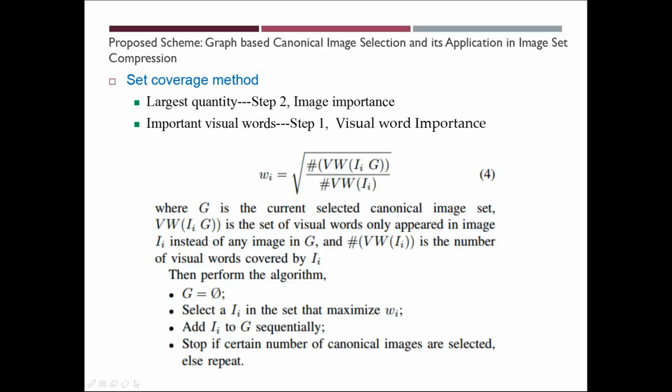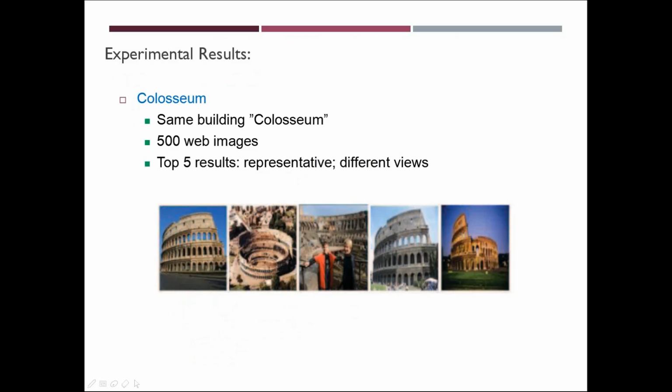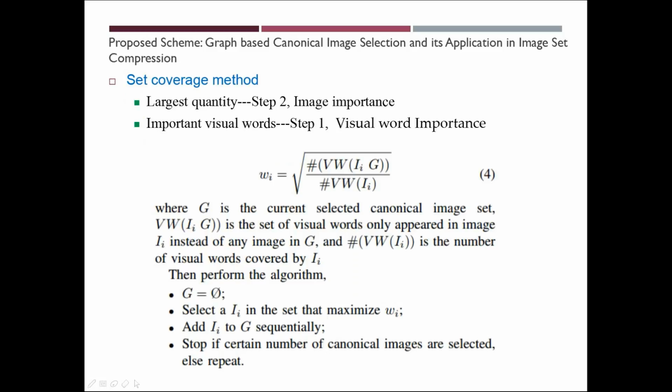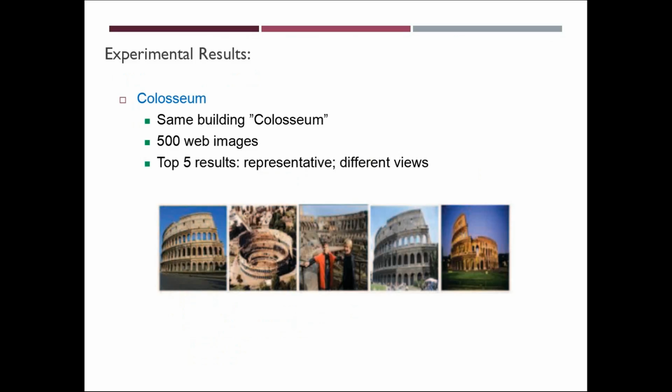Otherwise, we will repeat the second step. In this manner, we can find the most important one, or in other words, the most representative or most canonical image first. And in this sequential procedure, we can find the best canonical images we want.